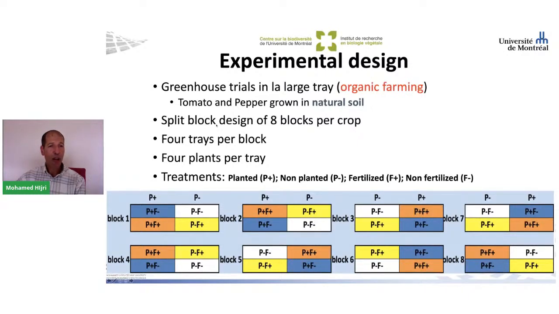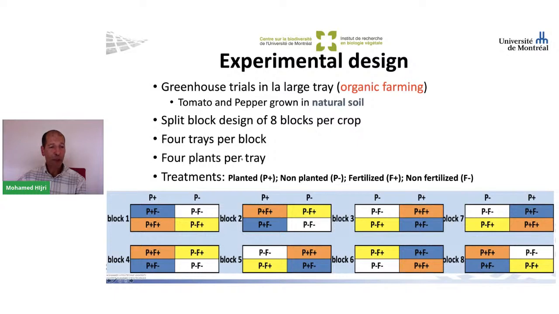So we used a split block design with 8 blocks per crop, 4 trays per block. Here again, we didn't use a pot culture because we want to have something really very close to natural conditions, although we are still controlling many other parameters.